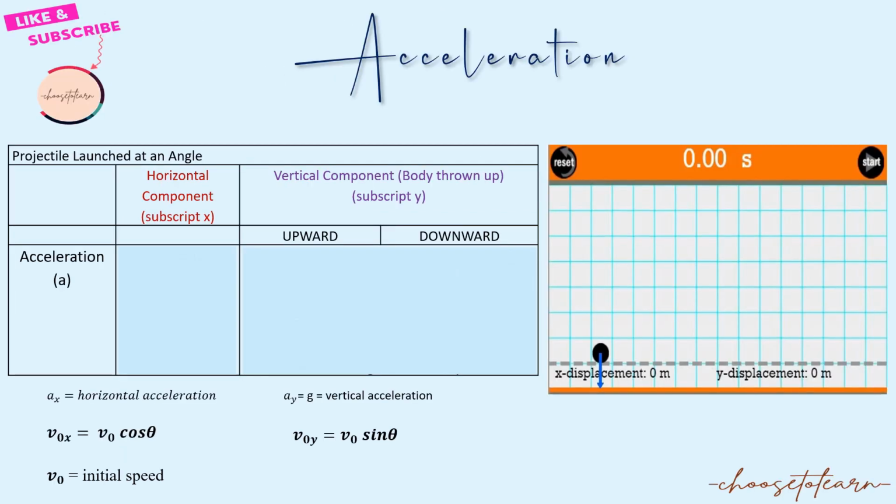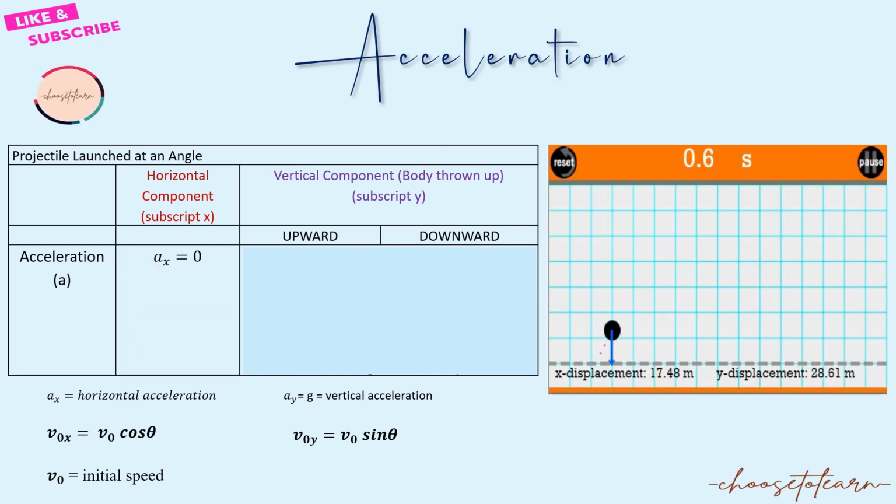Let's proceed to acceleration. The blue arrow indicates the acceleration of the projectile, while the length of that arrow indicates how fast the object is moving in that direction. So as you can observe, for the horizontal component, in the absence of air resistance, it actually experiences no acceleration at all.